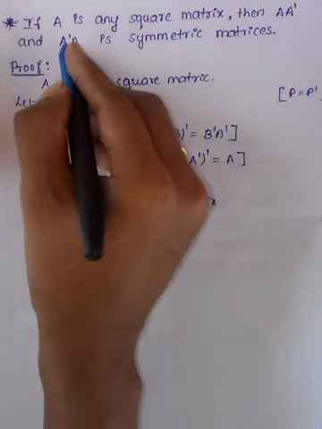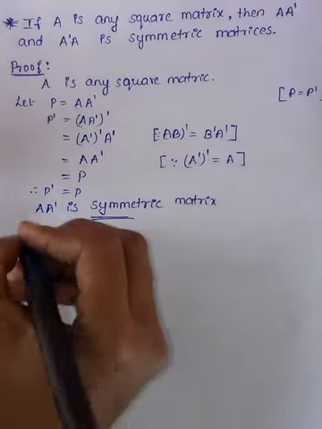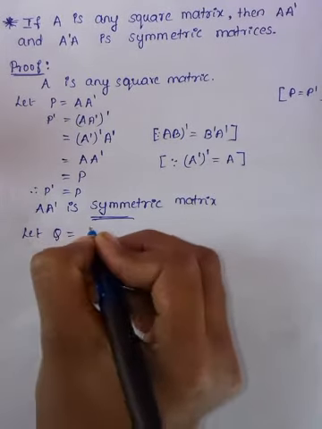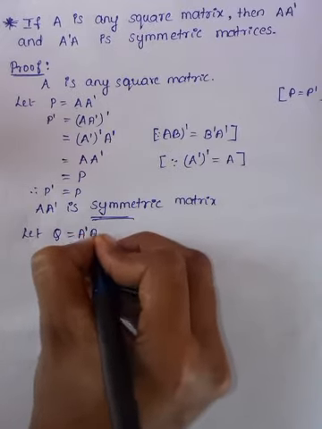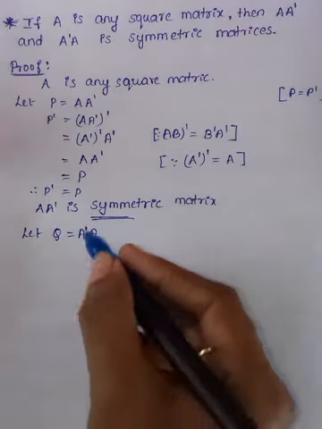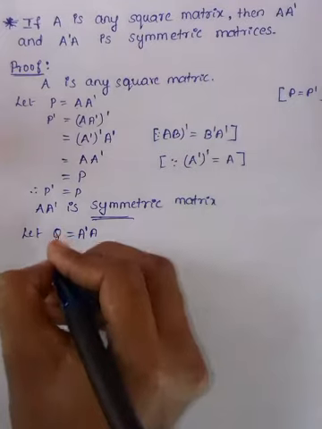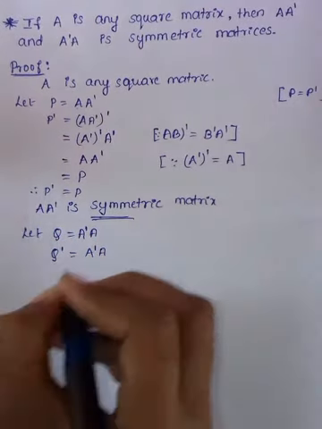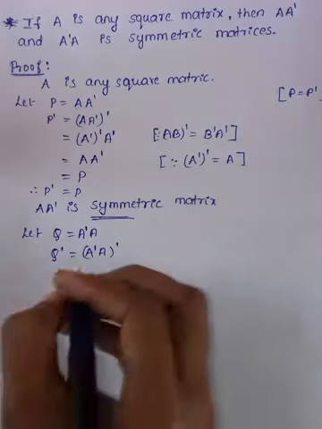Next, to prove A transpose into A, let Q be equal to A transpose into A. The proof is similar to this one. Take the transpose on both sides: A transpose into A whole transpose.